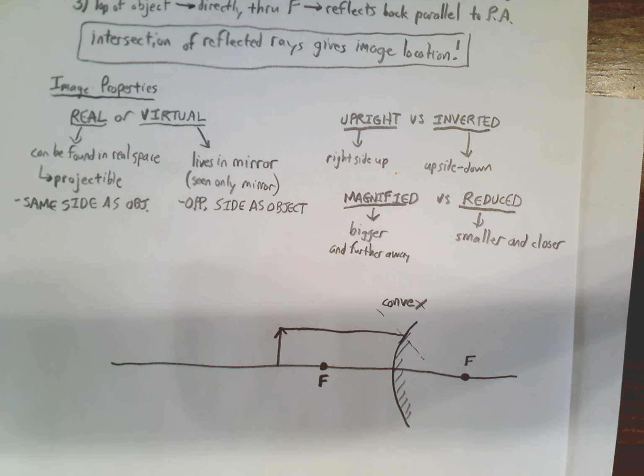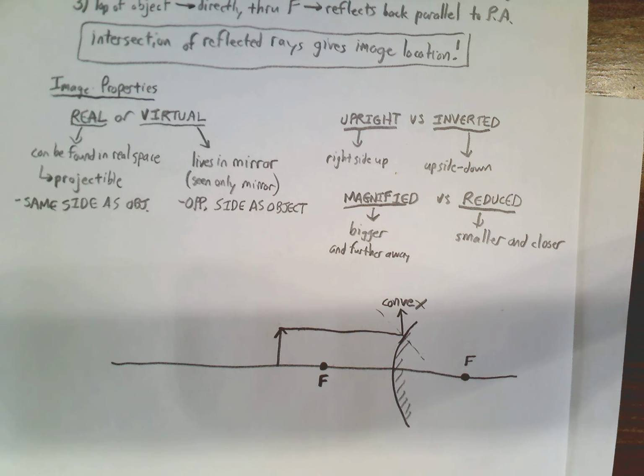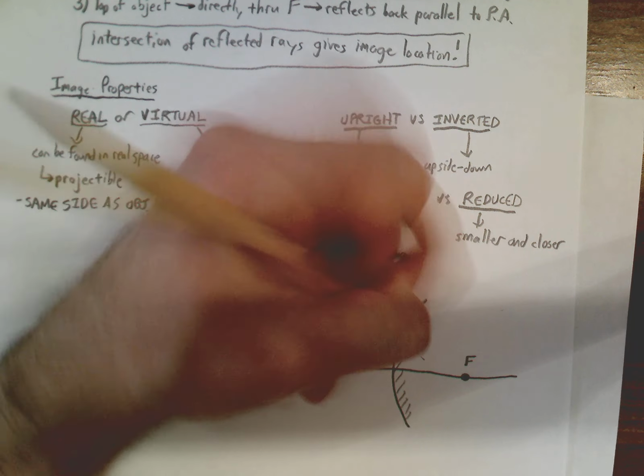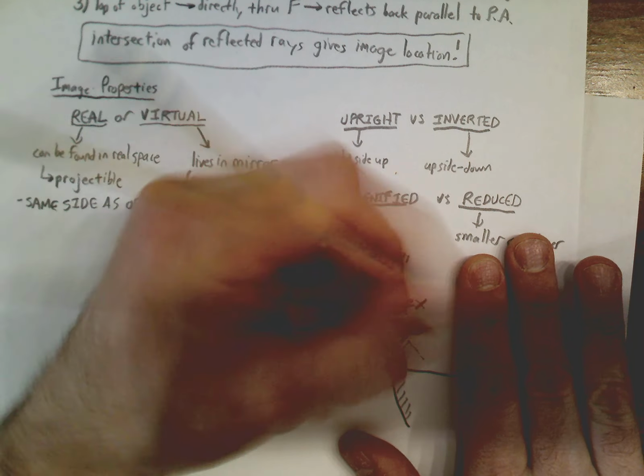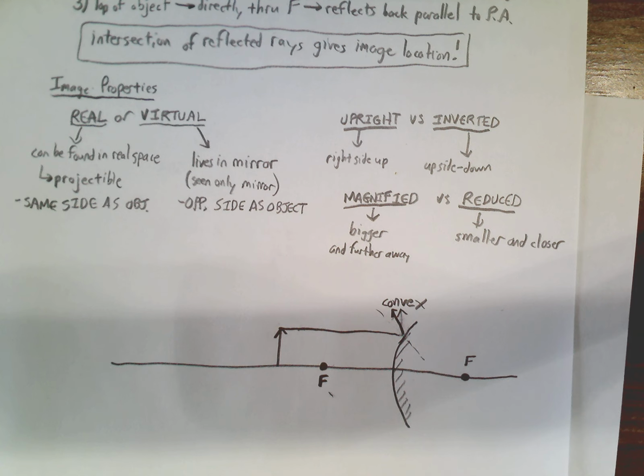So that means when it reflects, it's actually going to bounce off that way. That's going to give us an issue that we can see really quickly.